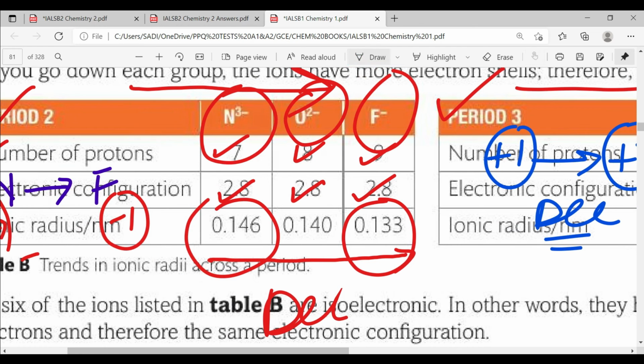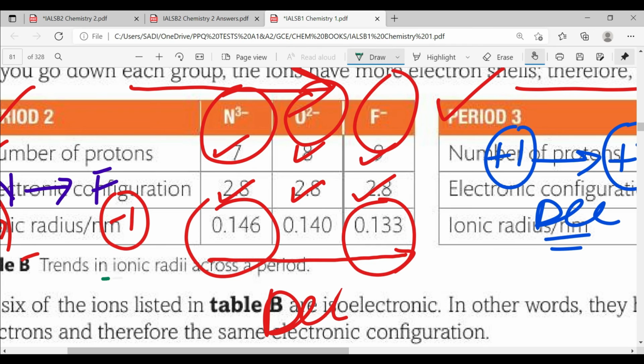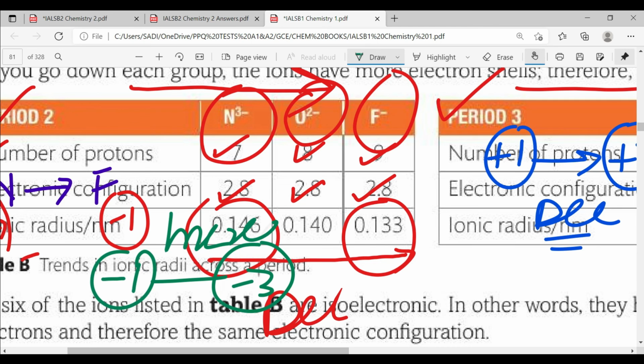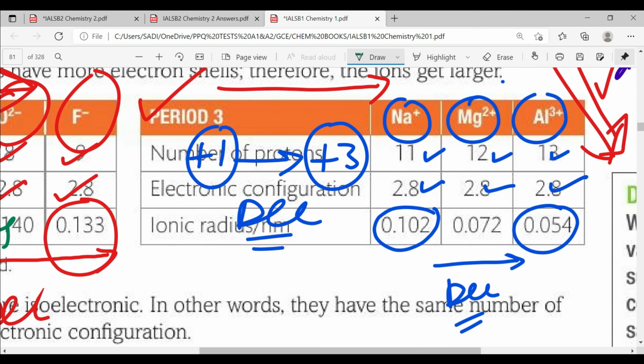So if I write those charges once again, if I start with -1 and I start moving to -3, what is happening to the size, the atomic radius? It is increasing. So the size of the negative ions, when you are increasing the negative charge, the size will increase, the radius. And the size of the positive ion, when you are increasing the charge, it will decrease.